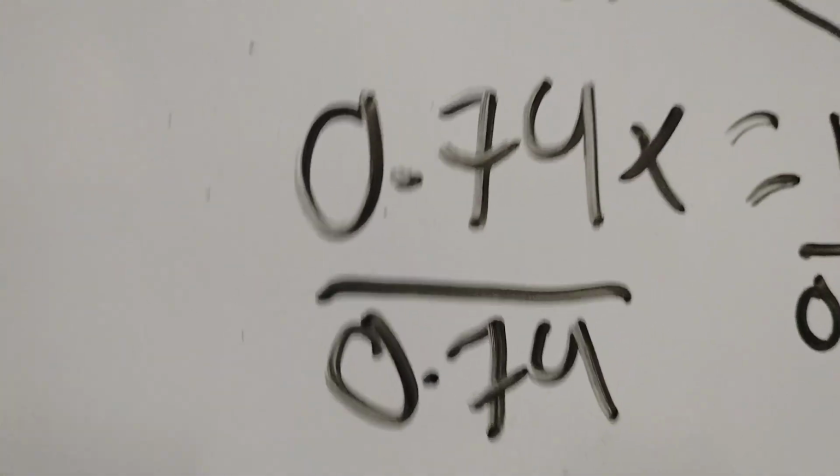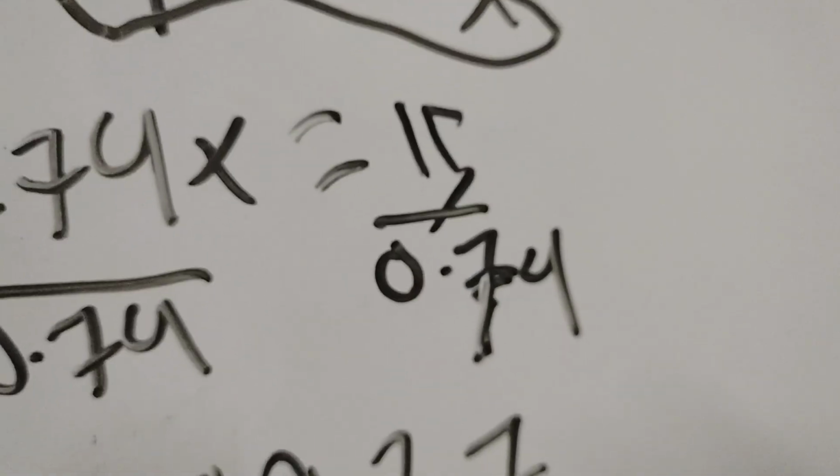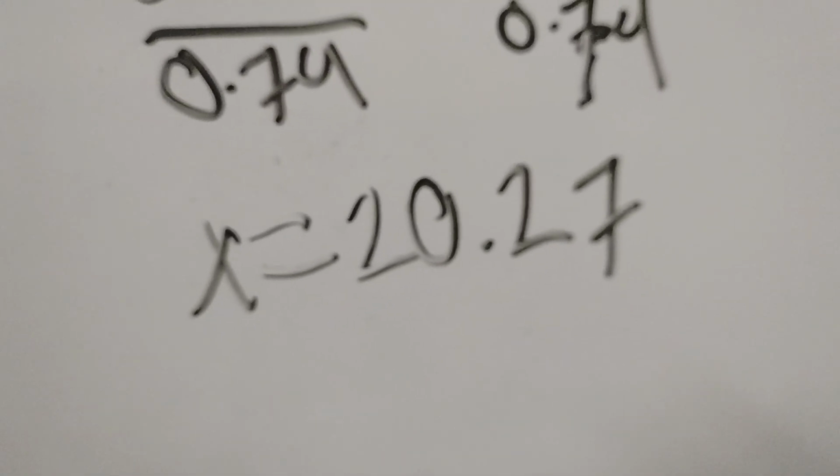So 15 divided by 0.74 would be 20.27. X equals 20.27. So this X is actually the hypotenuse. And now you got your hypotenuse using the So.